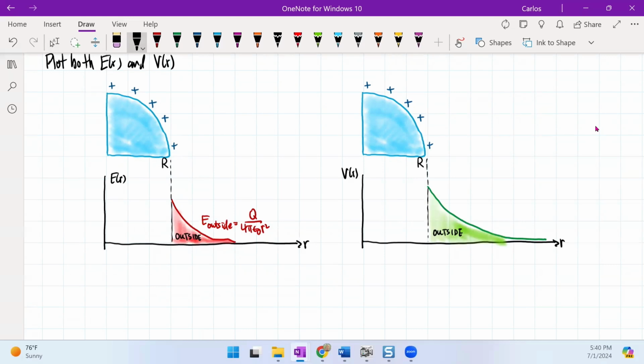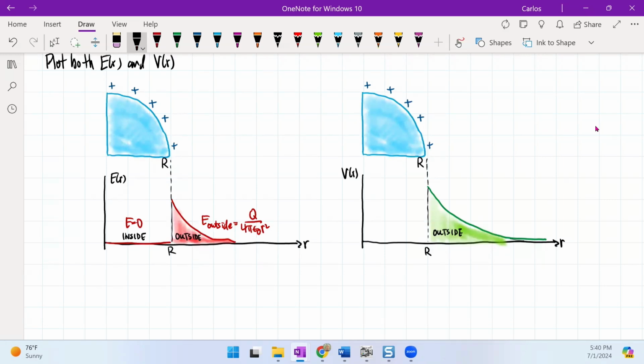So what am I really doing here? I'm taking a test charge and I'm bringing it all the way up here and it's climbing. And right here is R. And then once we get inside, the field abruptly jumps to 0 and we get an electric field of 0. And then we are now inside the conductor here.